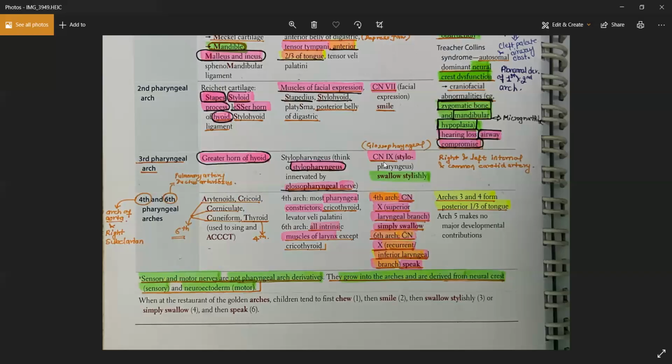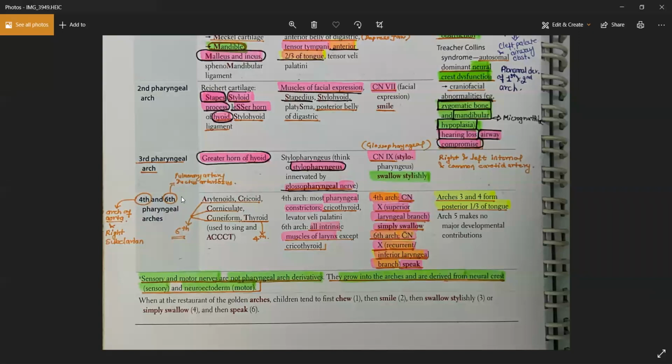Rest of all the muscles of the tongue are supplied by the 12th nerve, the hypoglossal nerve. So for the third arch, the bone is the hyoid, the muscle is the stylopharyngeus, and the nerve supply is the ninth nerve.